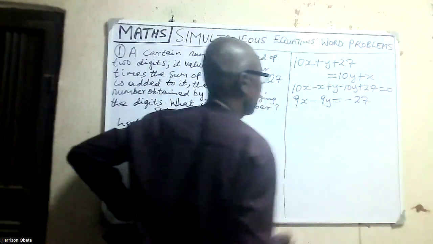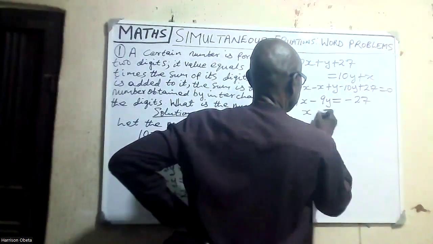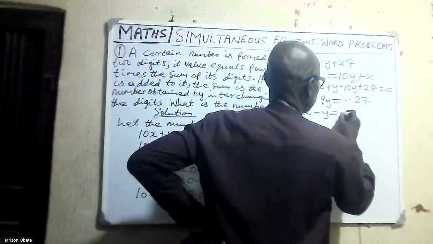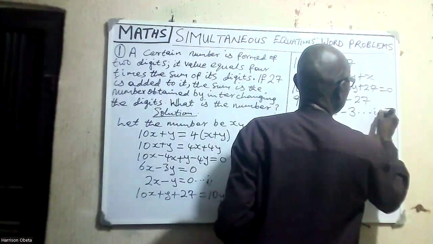And we know that you can reduce by dividing through by 9. That's x minus y equal to minus 3. So we can call this equation 2.